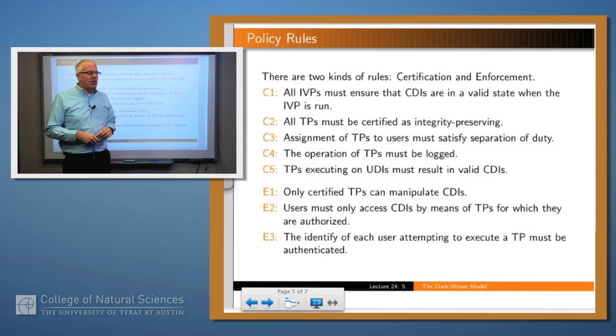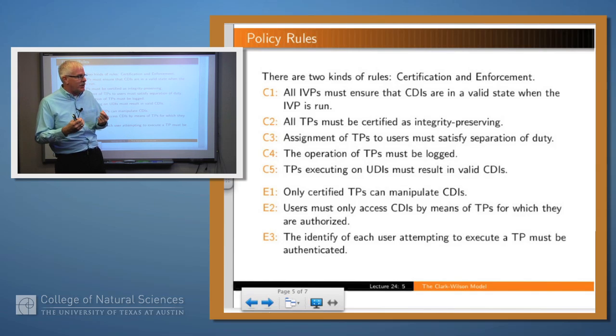Okay, and so Clark and Wilson came up with a number of rules, a whole bunch of rules actually, some called certification rules and some enforcement rules, and here's some examples of those. So one of these verification procedures, for example, must ensure that the constrained data items are in a valid state whenever you run one of these verification procedures. So it's a way of looking at the state of the system and deciding whether things are consistent at the current time.